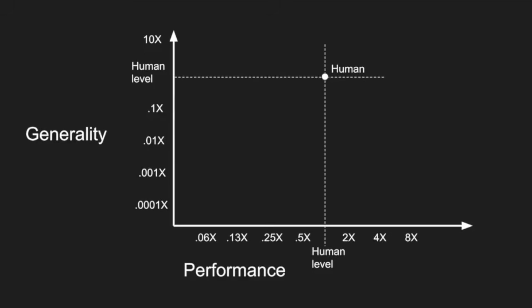We can represent human-level generality on the y-axis. Roughly, this is the set of all tasks that a human or group of humans can do. We'll make the y-axis logarithmic as well, so an equal interval is a factor of 10, either multiplied or divided, depending on whether you're moving up or down.